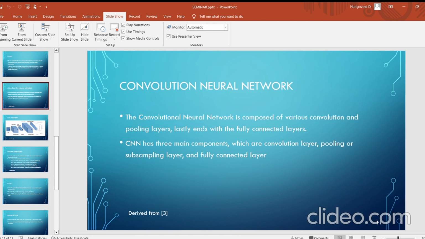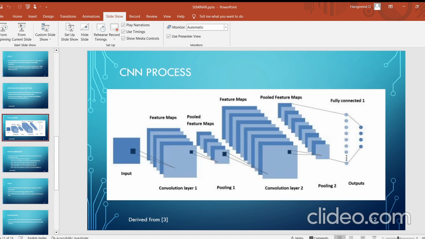So the CNN has three major layers: firstly a convolution layer, then the pooling layer with a small subsampling, and a fully connected layer. The figure here in the slide shows the whole CNN process with a limited number of layers.